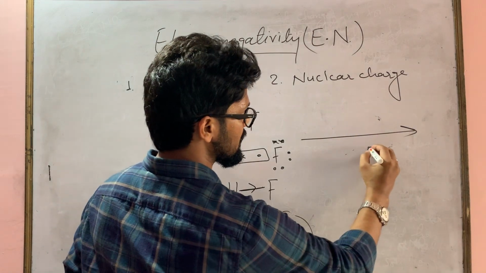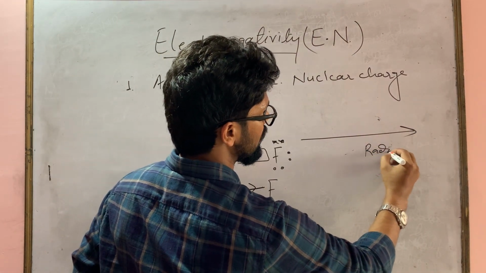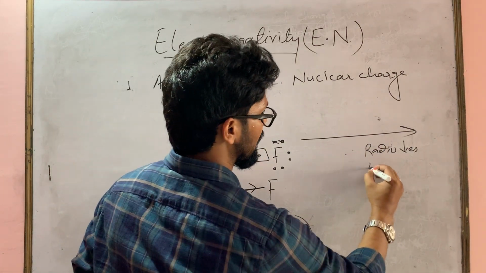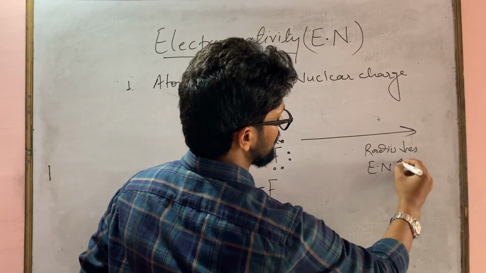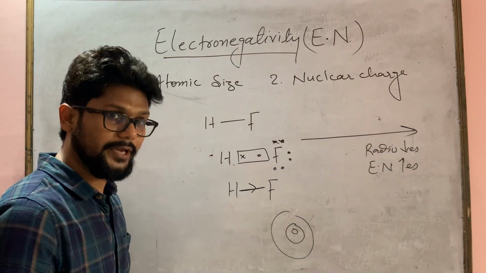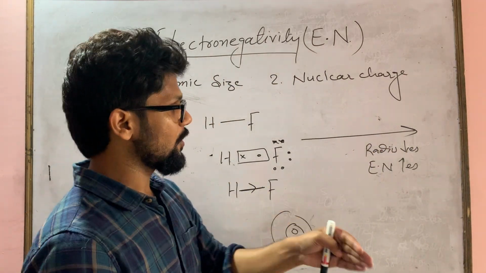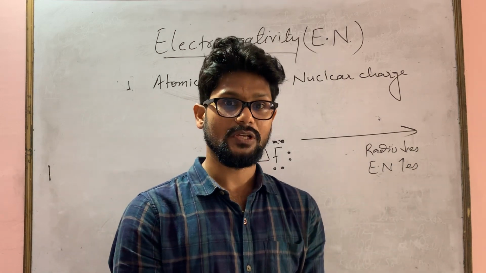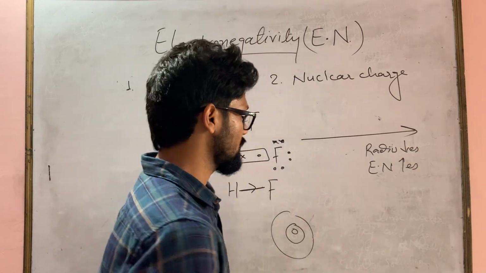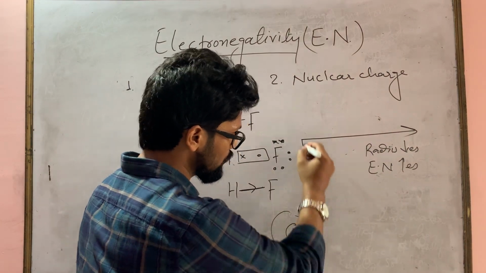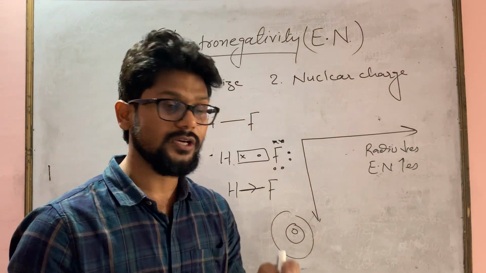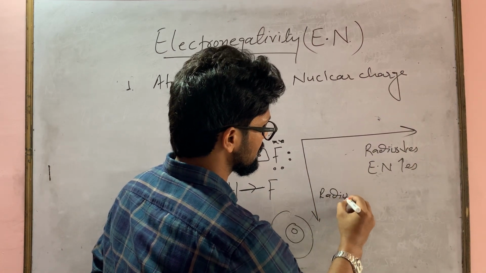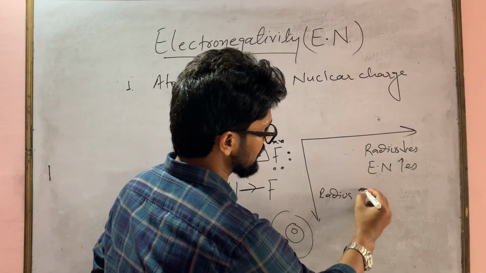Across a period, atomic radius decreases, electronegativity increases. Okay, now we'll talk about the group. When we go down a group, from top to bottom, as we know, atomic radius increases.